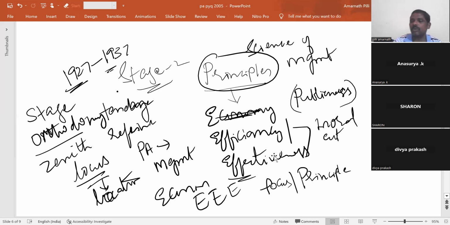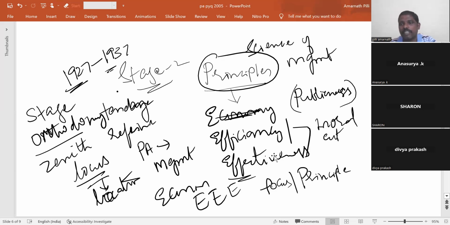In stage one, importance was given to locus, and in stage two, importance was given to focus. Stage one is about locus, stage two is about focus. I just want to make this clear. By giving importance to these principles of public administration, it was brought closer to management. That is the reason why it is called the stage of orthodoxy.